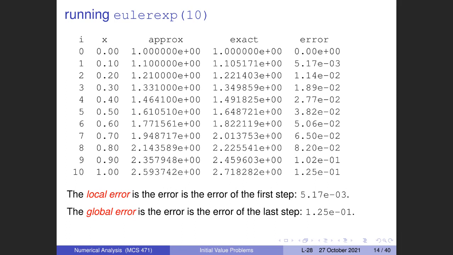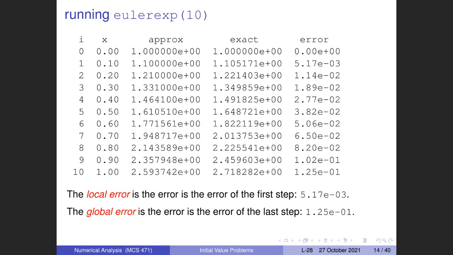So this is a very simple test for 10 steps. You see that the first error is 10 to the power minus 3. Well, the very first one is just the initial condition. So that's the sanity check. Do we start? And we do, error 0. And then we have 10 to the power minus 3 as the local error.